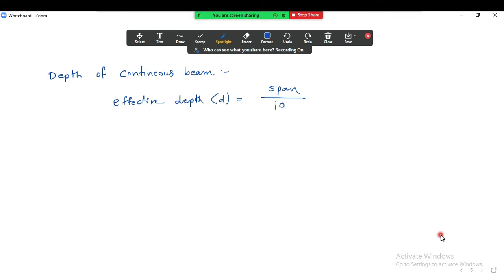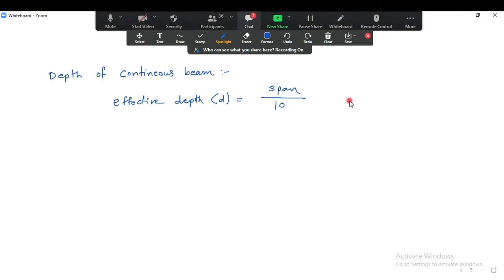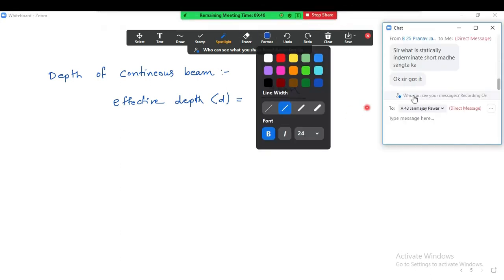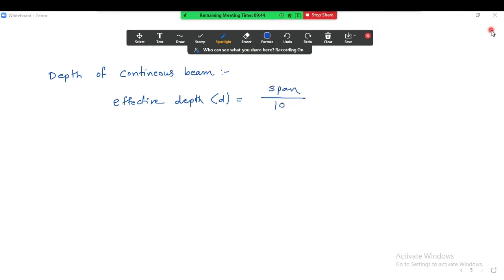Okay, so this is the short introduction about it. I hope now you understood what is statically determinate and statically indeterminate. When your number of unknowns exceeds 3, you can use only three equations of equilibrium: summation Fx, summation Fy and moment at any point, summation M. If there are more than three unknowns, say reactions 4, 5, 6 or 7, then you cannot solve it using those three equations.